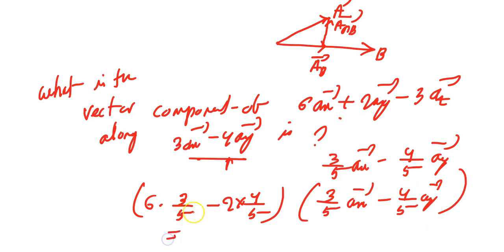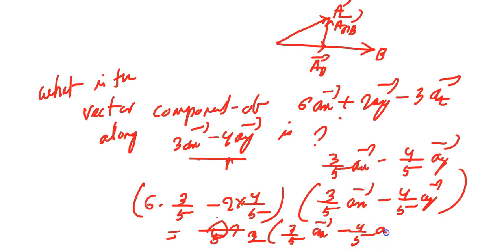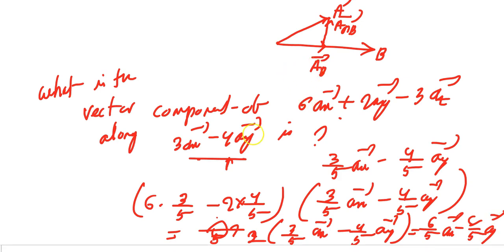So what is this value? That is 2, into 3 upon 5 ax minus 4 upon 5 ay. So multiply by 2 and you will have 6 upon 5 ax minus 8 upon 5 ay. That is the vector component of this vector along this.